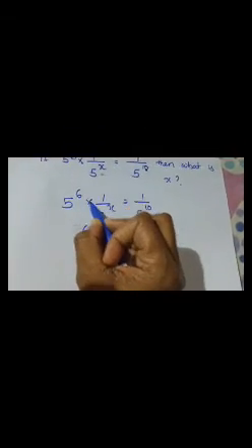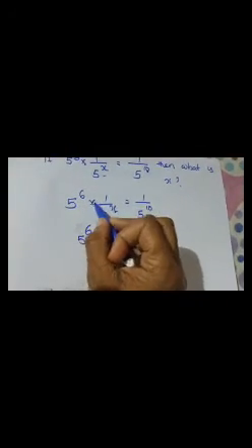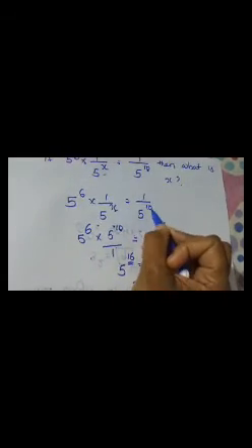Then, what's the value of x here? Yes, it is 16. So, when we multiply 5 raised to 6 into 1 by 5 raised to 16, we get 1 by 5 raised to 10. Using our thinking power, we can find this answer itself by the division rule. 5 raised to 6 into 1 by 5 raised to some number, the result is 1 by 5 raised to 10.